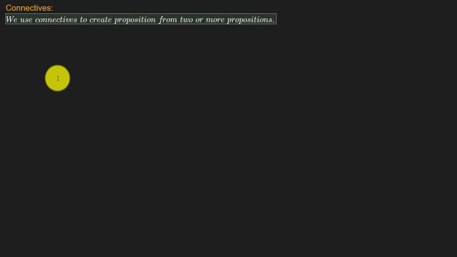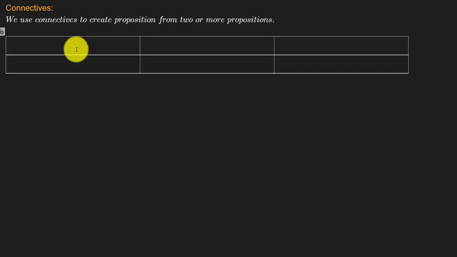Now there are mainly three connectives we'll be learning today. Let me bring up a table over here, and then we will discuss them. So there are three connectives.